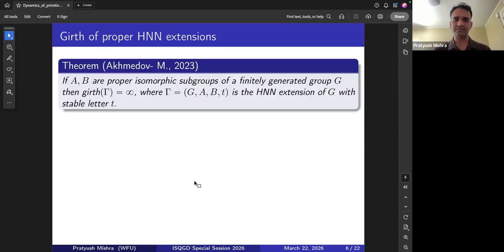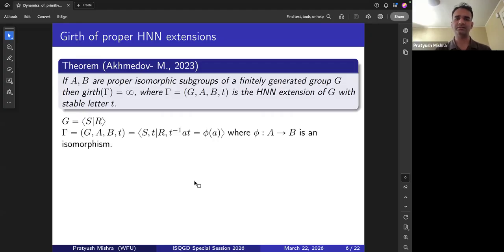Akhmedov and myself, my advisor. We were able to prove that if A and B are proper isomorphic subgroups of a finitely generated group G, then the HNN extension of the group has infinite girth, as long as in the HNN extension the subgroups are proper subgroups. So I need to define what an HNN extension is first.